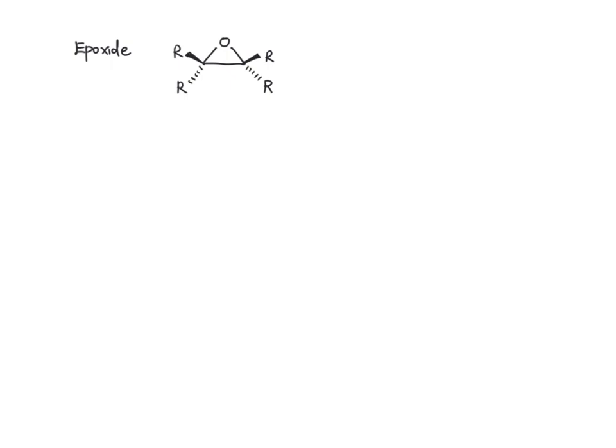The reason it's more reactive is ring strain. With the three-membered ring, the ring angle is about 60 degrees, which is very far away from the sp3 orbital angle of 109.5 degrees.